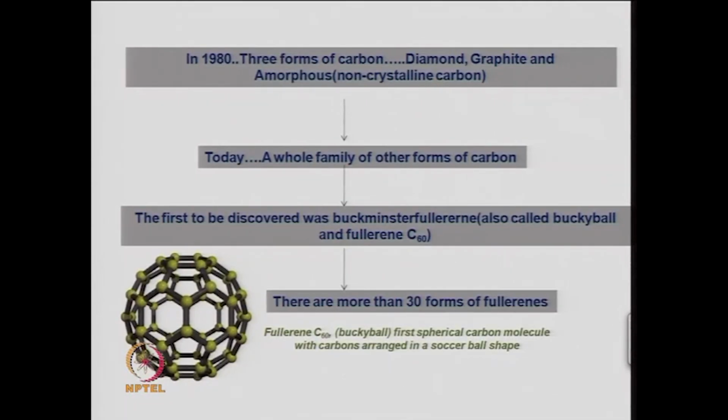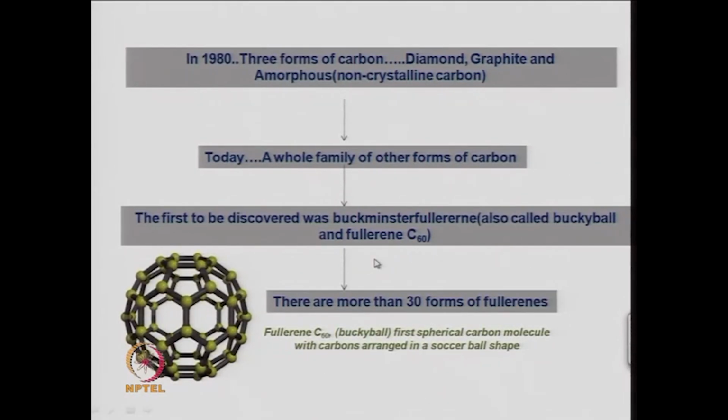You must have all known that normally carbon has 3 allotropic forms. One is diamond, the other is graphite, and we have amorphous or non crystalline carbon. Today we know of many other forms of carbon, and among them the first to be discovered among these new forms of carbon is the C60 molecule, which is also called the buckyball and is also called fullerene.